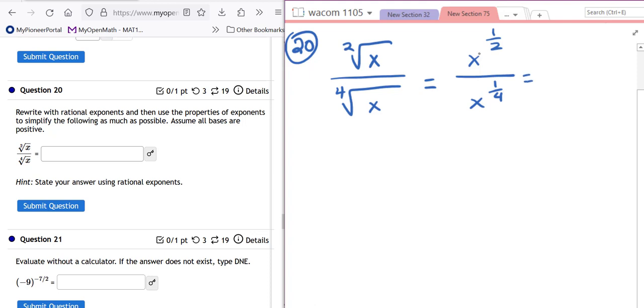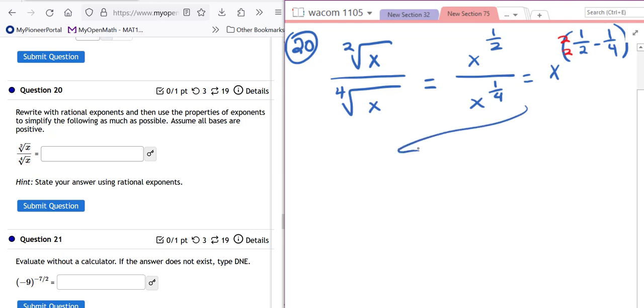When you have a fraction of like bases, remember you're going to keep the base and subtract the exponents. And subtraction, like addition, needs a common denominator. 4 will work, so this one needs a 2.